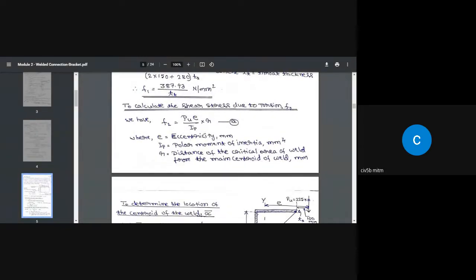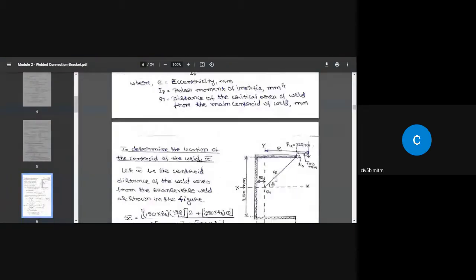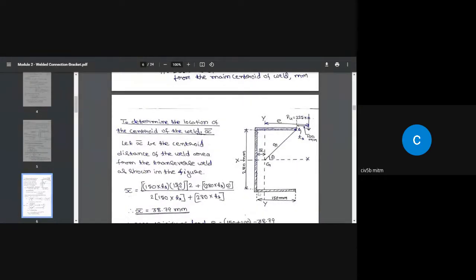Now, the first step you need to do is to find out the location of the centroid of the weld. So this is the weld we have: 150 millimeter, 280 millimeter, and 150 millimeter. We know this weld is symmetric about the x-axis.